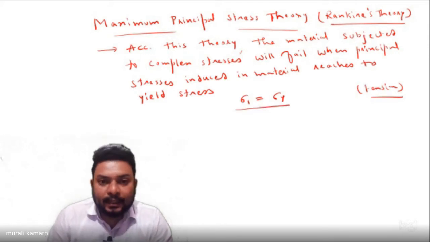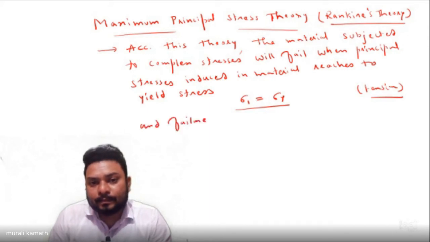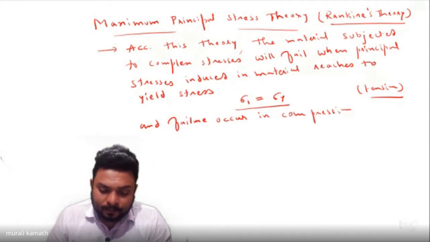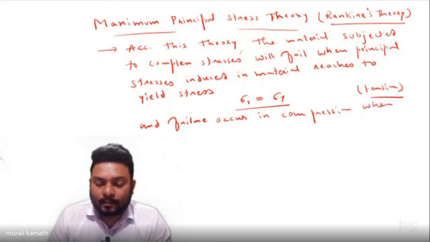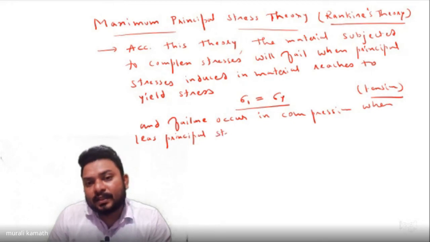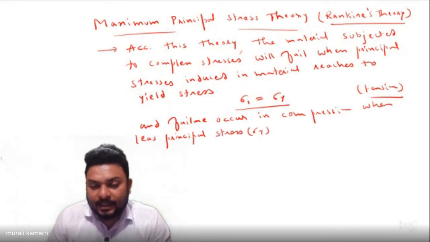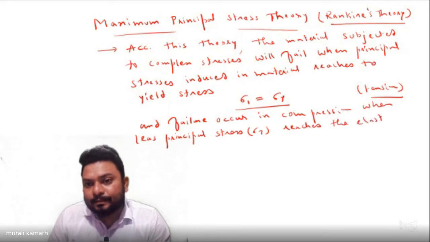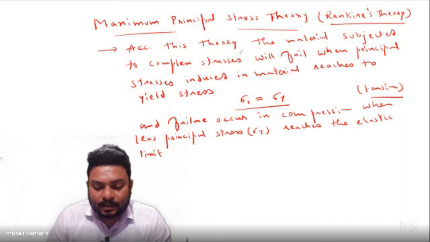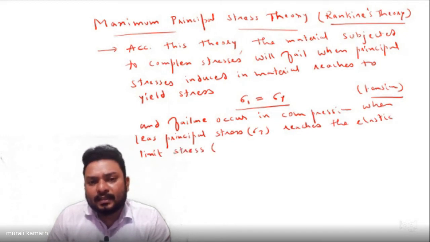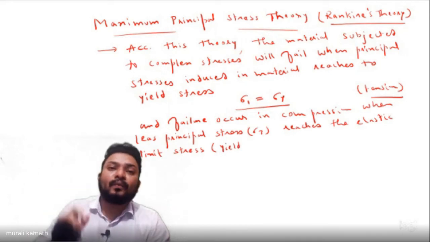And failure occurs in compression when the least principal stress sigma 3 reaches the elastic limit stress, or you can say simply yield stress. Means your material's yield stress you will get to know from the tension test, right?